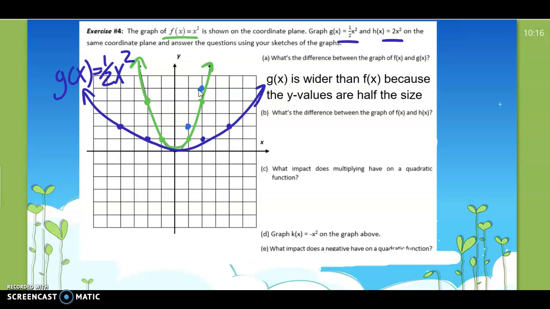Oh, sorry, 6 up here. And then the same on the other side. So it's going to be inside of the original because it's even taller. It's more narrow. The outputs are even bigger. So let's take a look at that.